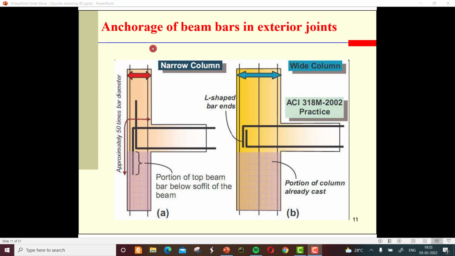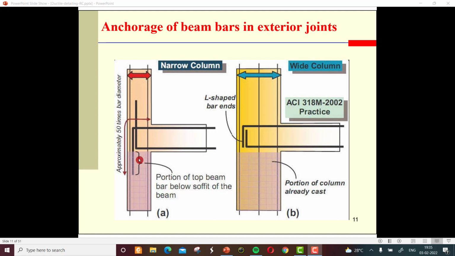And for the anchorage of beam bars in exterior joints, in the case of a narrow column, as we don't have much width for the column, the beam reinforcement should be extended into the column approximately 50 times the bar diameter, and the portion of the top beam bar below the soffit of the beam.